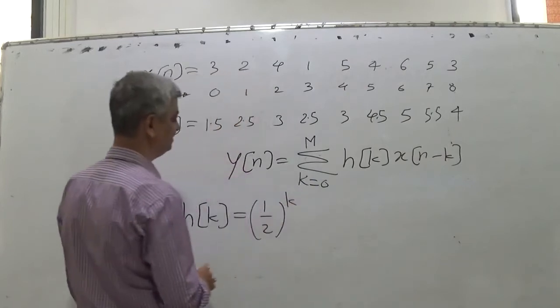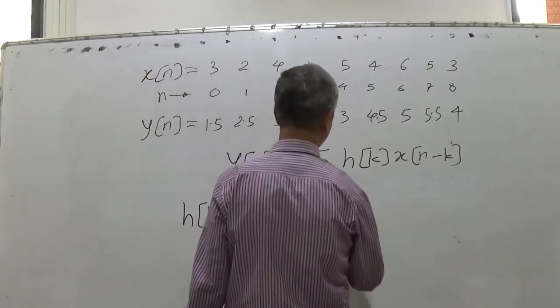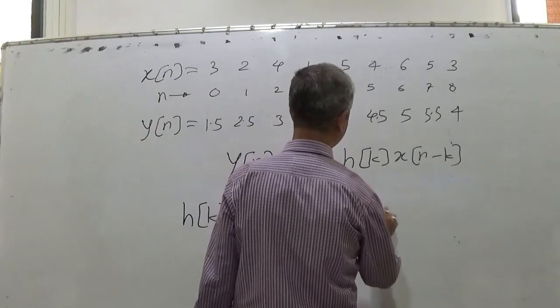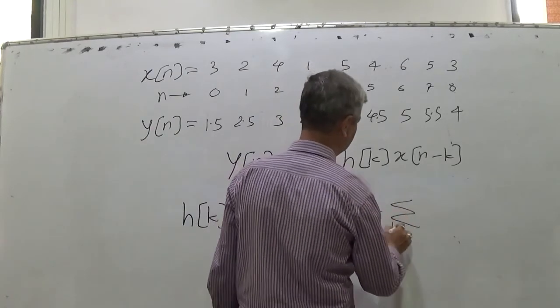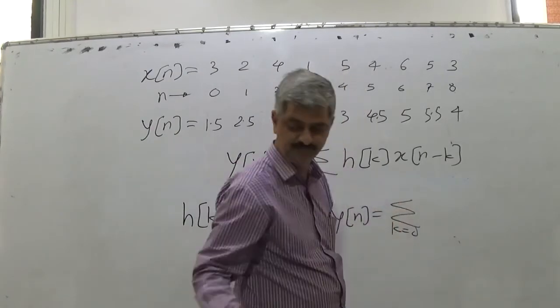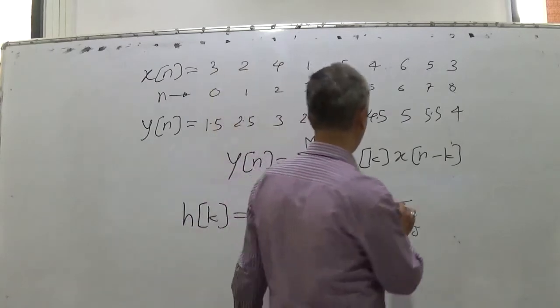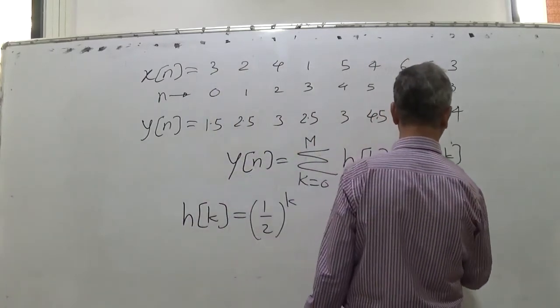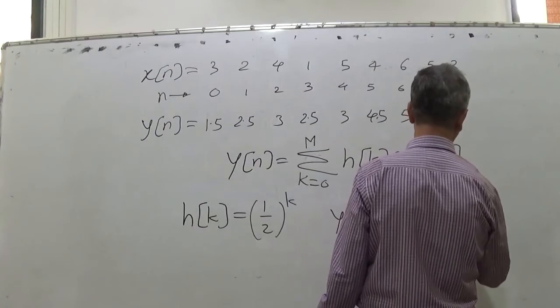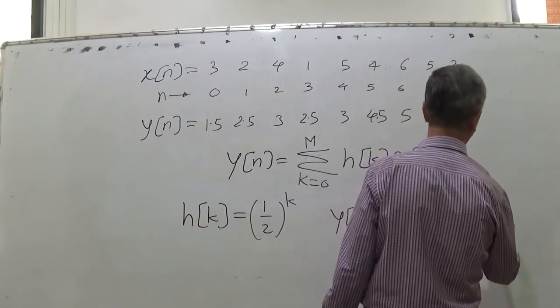So in that case, what will be yn? Yn is another interesting example, equal to the sum from 0 to infinity of half raised to k times x of n minus k.